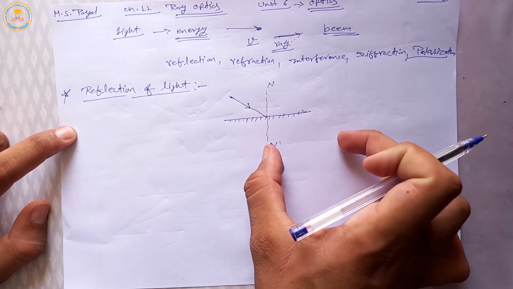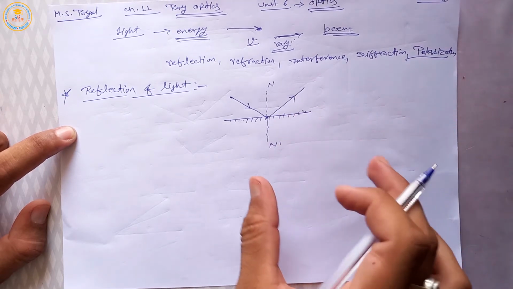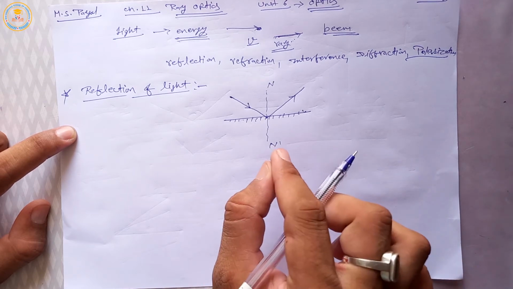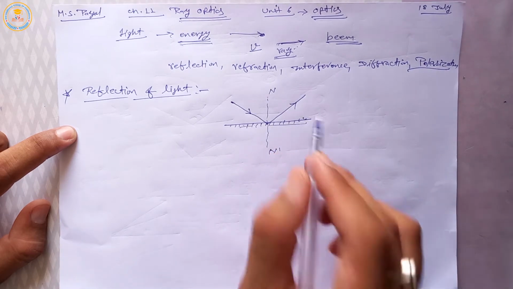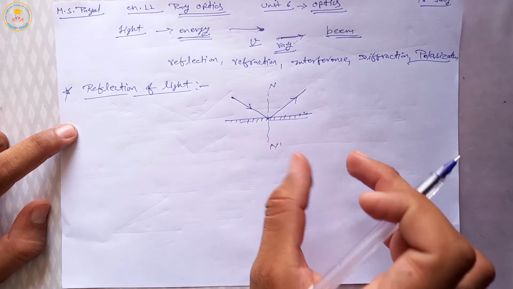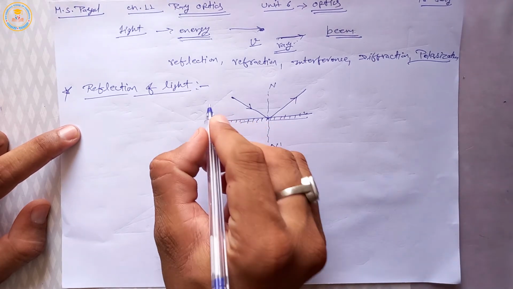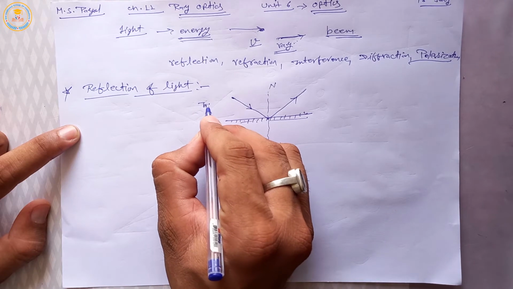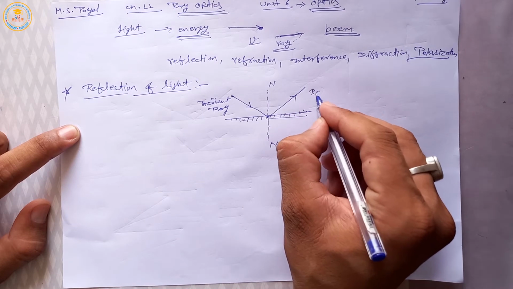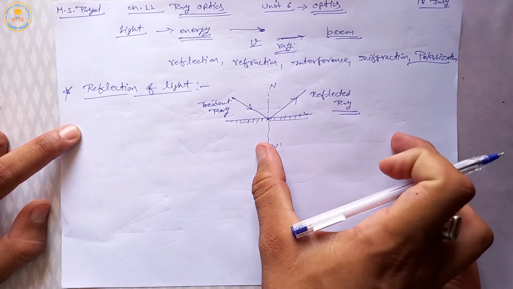Then this phenomenon is called reflection of light. This is the incident ray, and this ray is the reflected ray. This phenomenon is reflection of light.